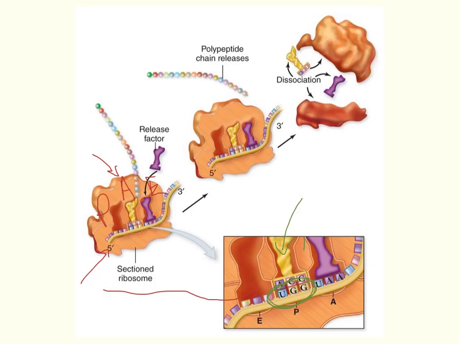The tRNA is that kind of yellow globular area right up here on the top. The tRNA brings the amino acids over and attaches to the mRNA, and that's what determines which amino acid it is, based on the codon, and the anticodon is on the tRNA. And then there's another one available, and another one. So again, it's the active site, the P site, and then the E site. The E site is where it's ejected or leaves.